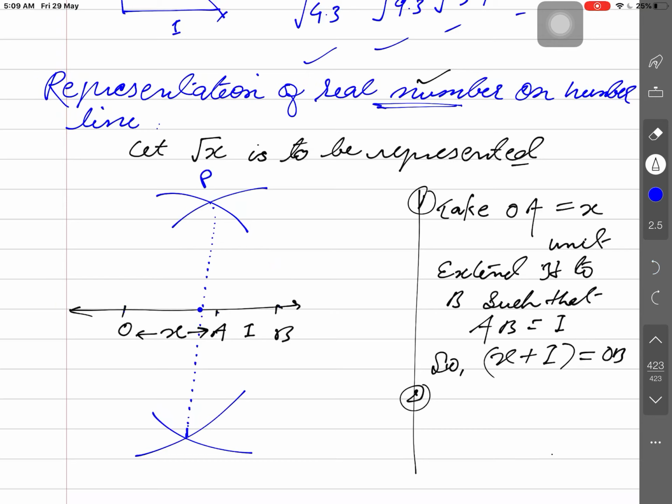Slightly narrow it is. My rounder is not writing on the screen, but you will do this with the help of your rounder and compass. Okay, so this is intersecting at some point.